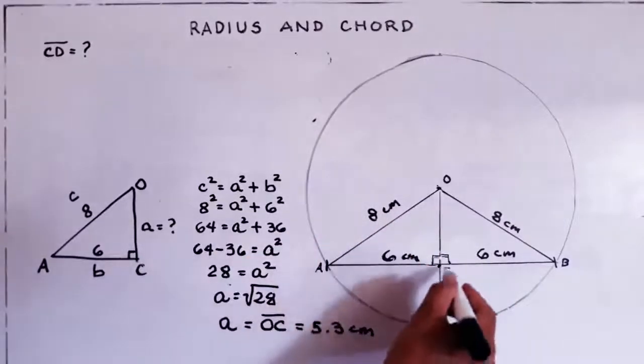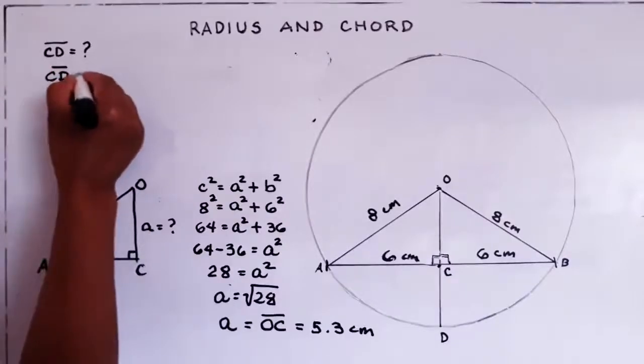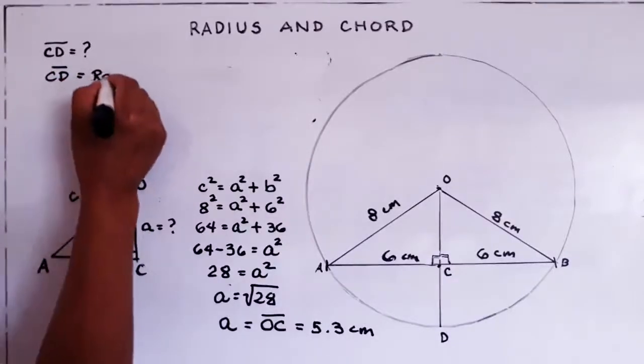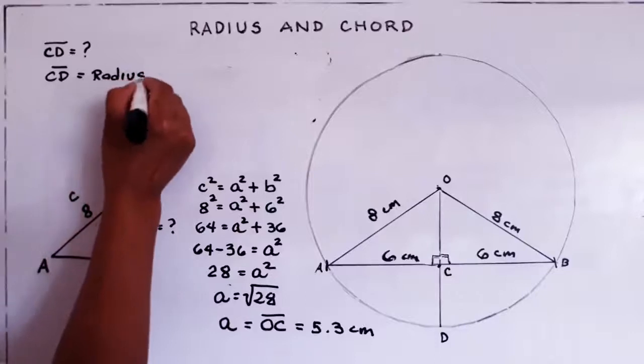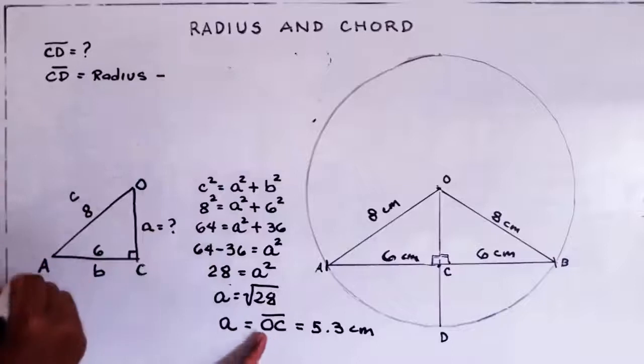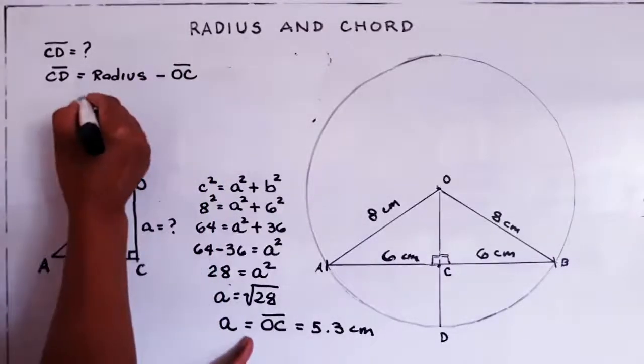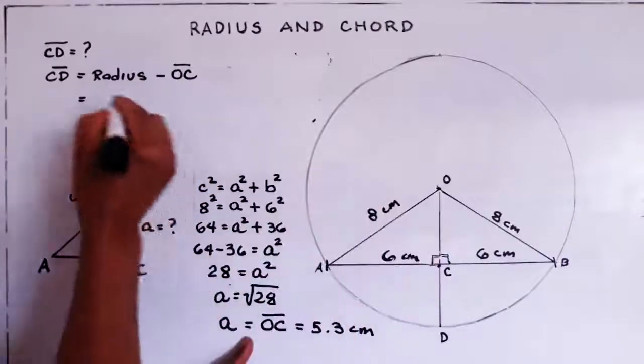So to get the CD, all you need to do is CD is equal to the radius. I'm just going to put the radius first, minus this OC here, or the A. So we subtract the OC. The radius, we know it's 8.